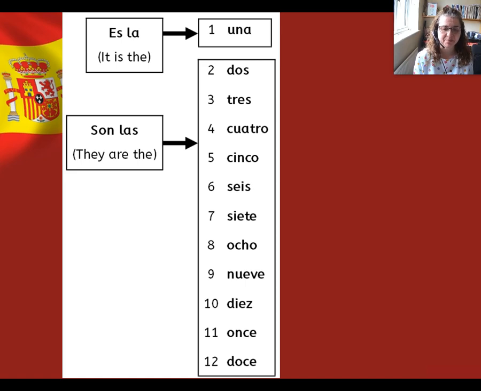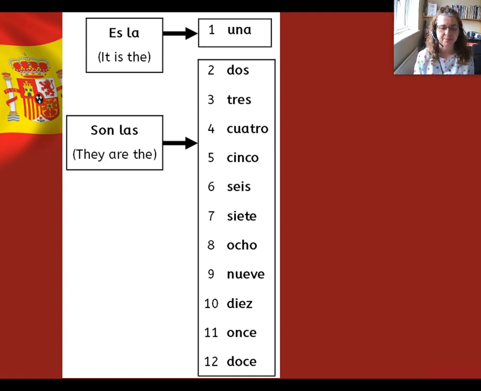Son las tres. What about it is 11 o'clock? Son las once. What about it's 2 o'clock? Son las dos. It is 1 o'clock. Have you spotted it?